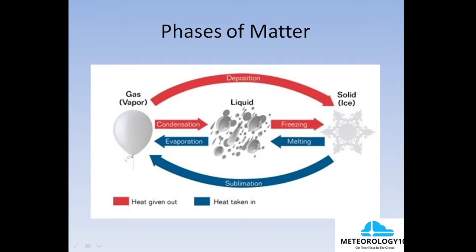So we know that the freezing or melting point of water is 32 degrees Fahrenheit or 0 degrees Celsius. The boiling point of water is 100 degrees Celsius or 212 degrees Fahrenheit. So that is our melting and freezing levels, and our evaporation and condensation levels. So going back and forth.